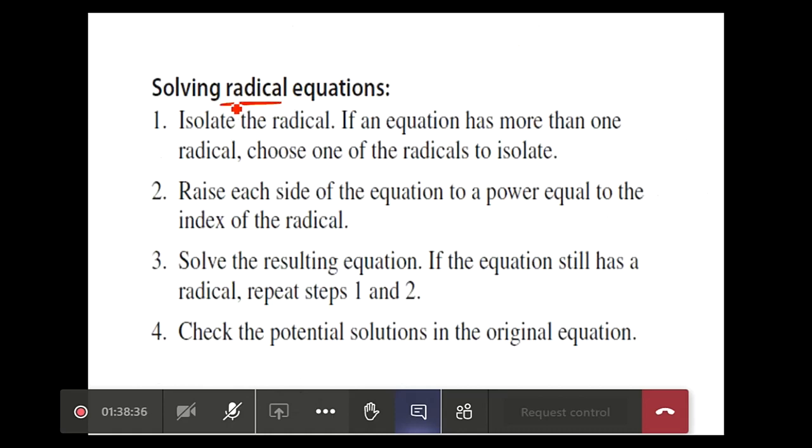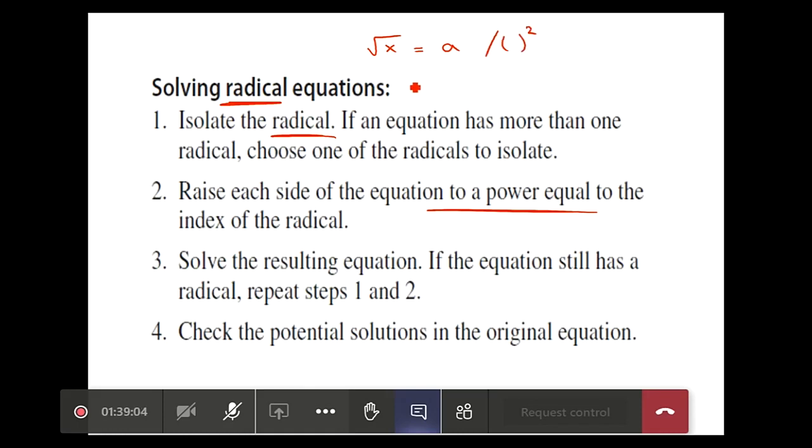Sometimes we have a radical. If we have a radical, firstly put the radical on one side and any numbers on the other side. Now, take the power for both sides. If we have a radical, for example square root of x equals a, take the square for both sides.